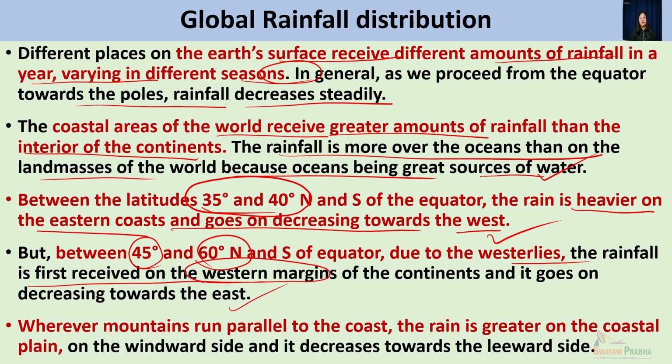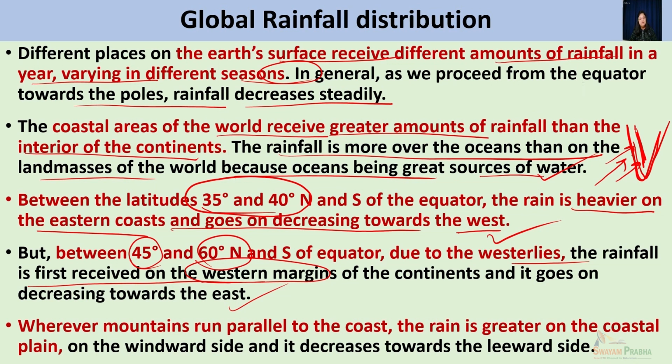Whenever the mountains run parallel to the coast, the rain is greater on the windward side, and it decreases towards the leeward side. So for example in India, you have a mountain barrier along the coast, so these rain bearing winds come and strike this mountain and they are lifted because of this orographic barrier, leading to precipitation in the coastal areas.